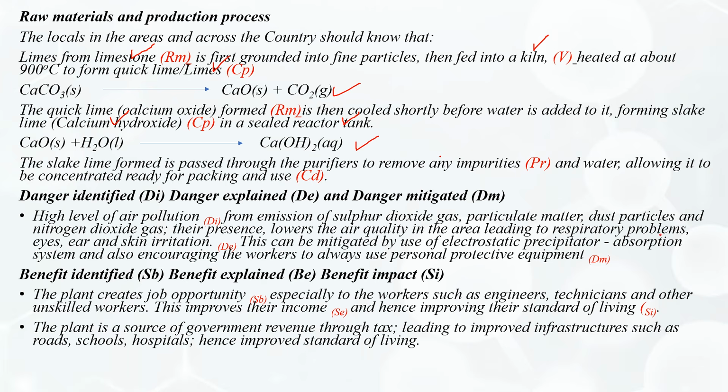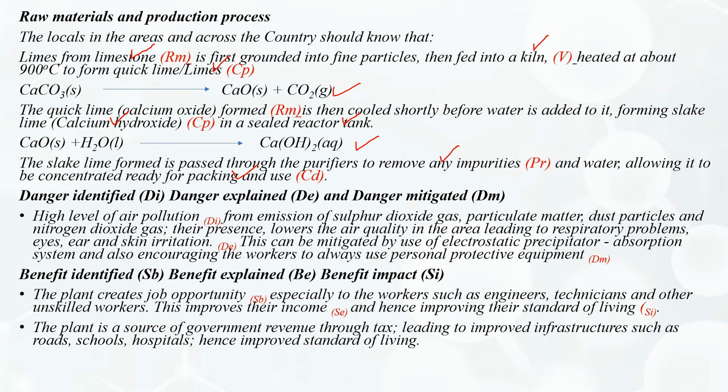That is the purification process, allowing it to be concentrated, ready for packing and use. That is conversion to the desired product. You see that we have applied all that we have been talking about: the raw materials, the vessels, chemical processes, then purification, and then conversion to the desired product.